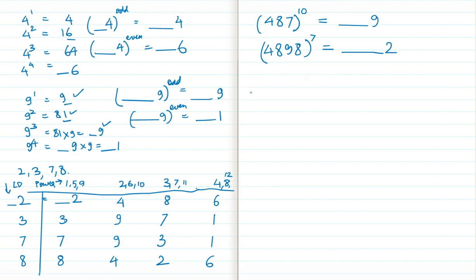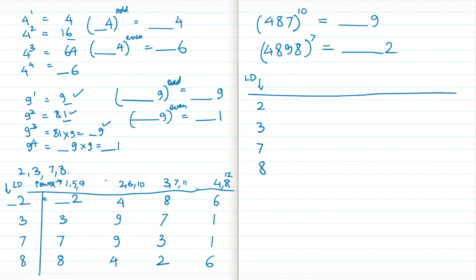All right, now can I generalize this table? To generalize this table, all I need to do is write the last digit of whatever number whose power I'm going to find. So for 2, 3, 7, 8.